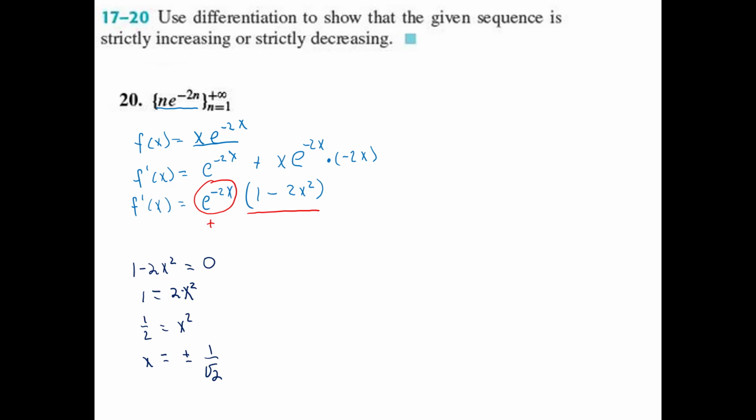And so then we can make the sign chart for the first derivative. But again, we are only interested in values that are bigger than 1. So we don't need the negative 1 over the square root of 2. 1 over the square root of 2 is over here.